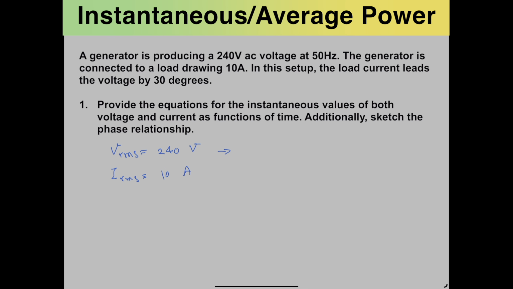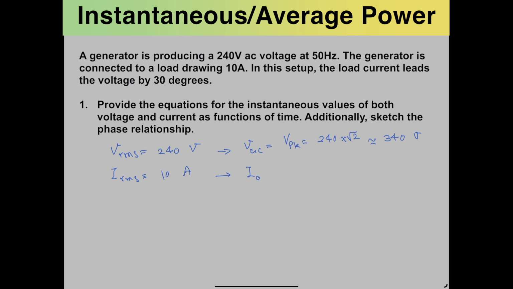Now let's proceed with calculating the voltage in AC format. When they are talking about an RMS value of 240, the peak value of the voltage is going to be 240 multiplied by square root of 2, which can be simplified to roughly 340 volts.